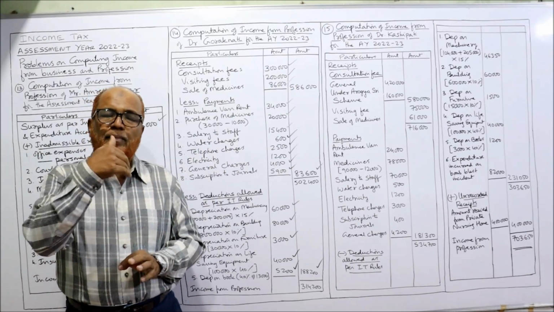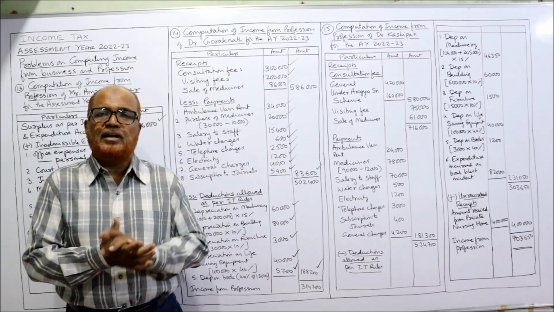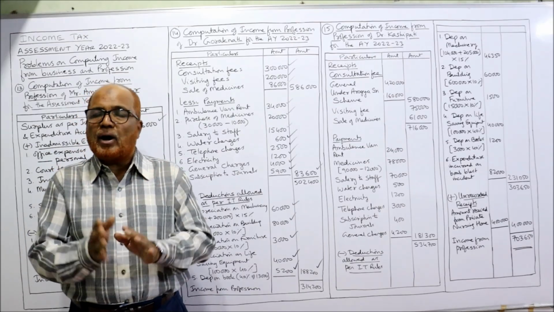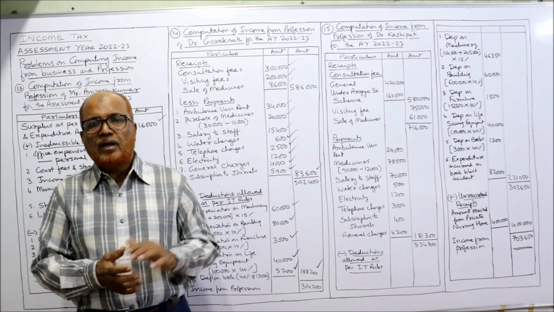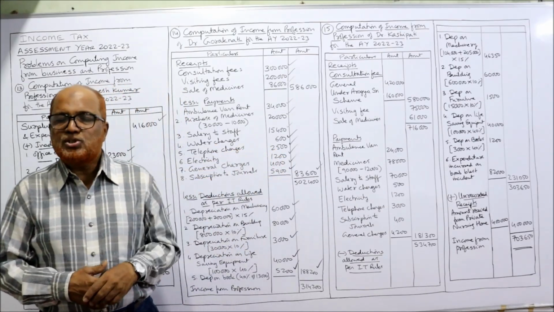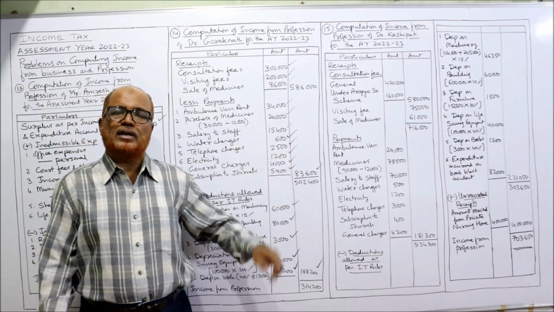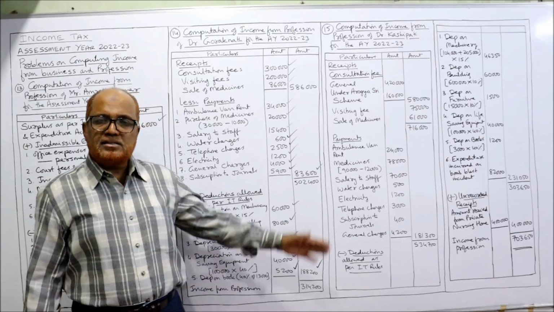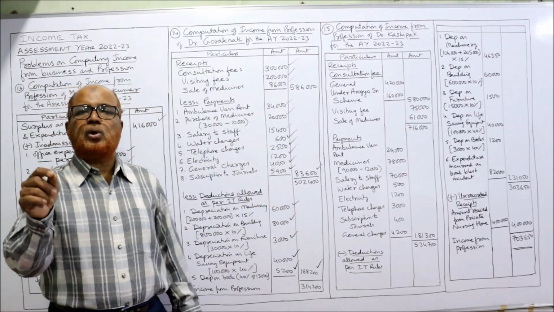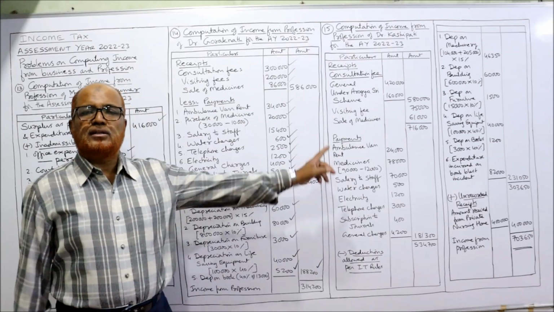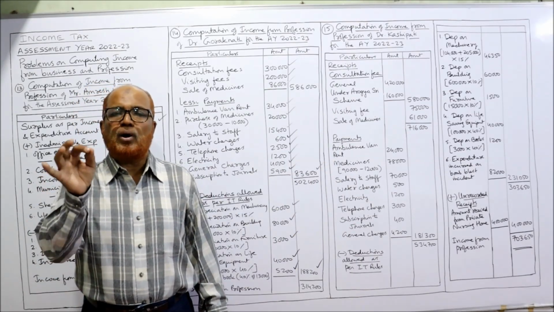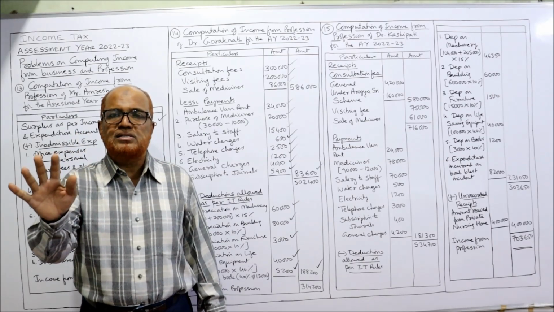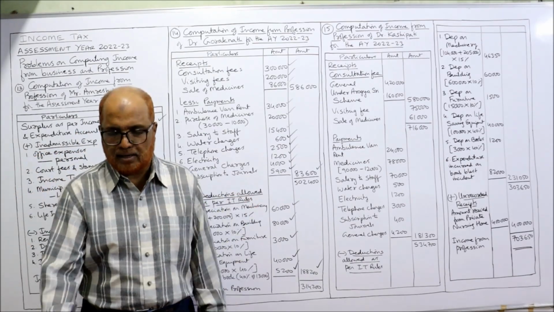Similarly, whatever payment is made, that payment will be taken, but outstanding amount will not be taken if we follow cash system of accounting. In this problem, it is not specified that the doctor is following cash system, but receipts and payments account is given, so we assume that the doctor is following cash system of accounting. So any amount due but not received should not be taken.